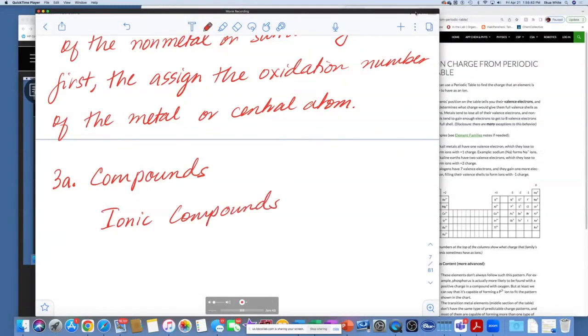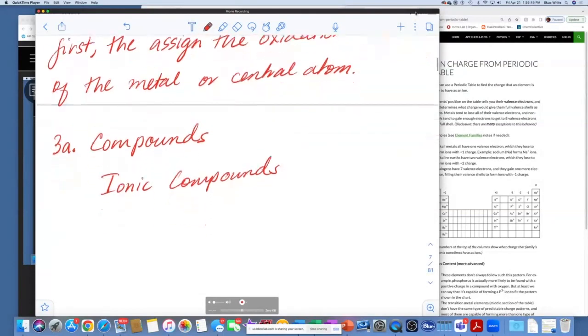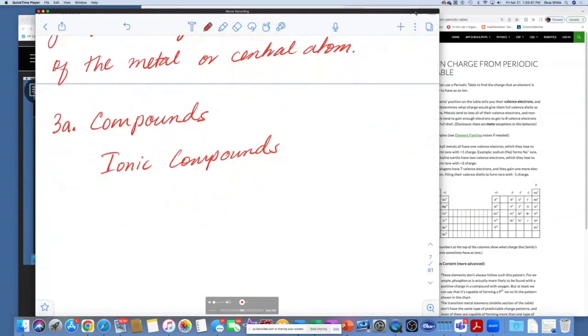If you have an ionic compound, for my ionic compound, I will not use the group 1A or 2A metal because there's a rule for them in rule 4, 4A and 4B. So I'm going to use something like aluminum oxide. Okay, so how do we figure out the oxidation numbers of the elements in aluminum oxide?